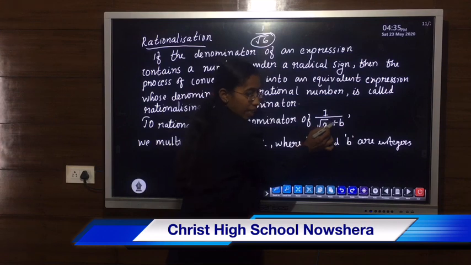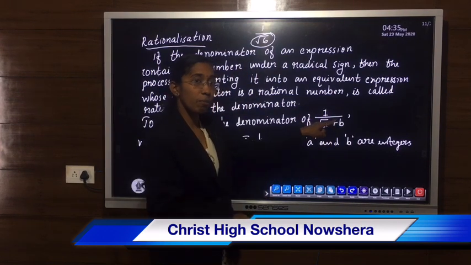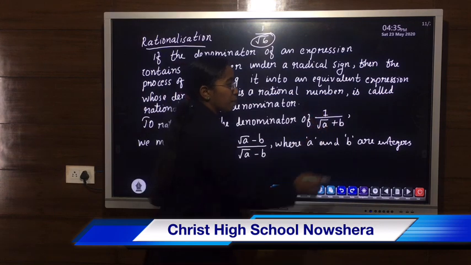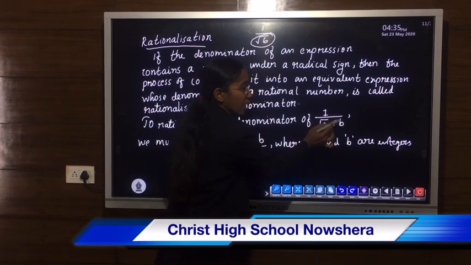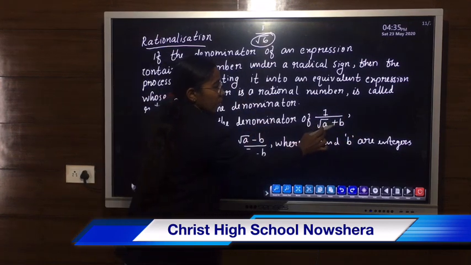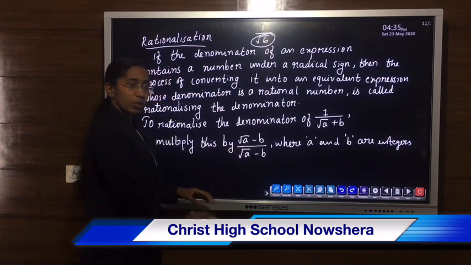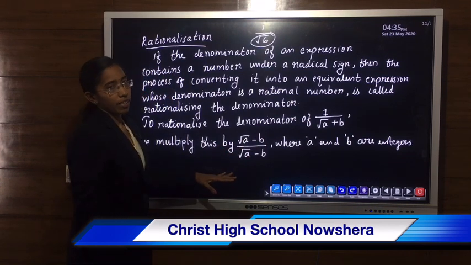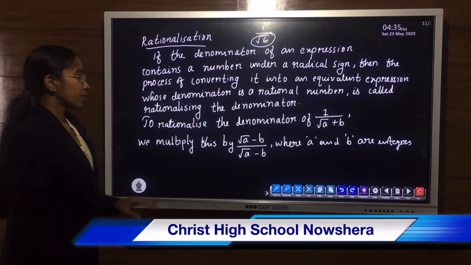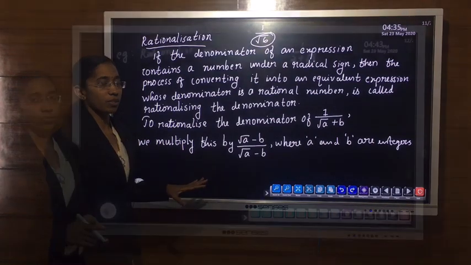Here it is a plus sign, so we take the opposite sign, which means minus. So we multiply both numerator and denominator with this opposite operation, that is 1 divided by root a plus root b into root a minus root b divided by root a minus root b. So this is our rationalization. We can check with some examples.